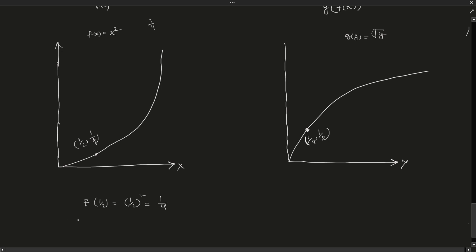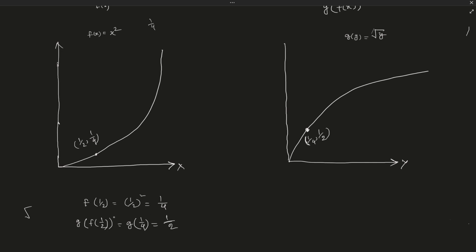And then suppose we have g of f of half, so it's basically g of 1/4. So আমরা রুট দেখছিলাম তাই না? So we will get half. So basically আমার যেটা ছিল আমি সেটাই আবার ব্যাক পাচ্ছি. So this is basically returning us the thing we had.